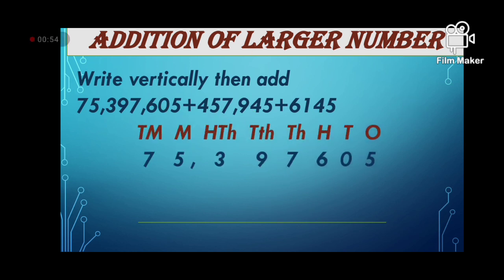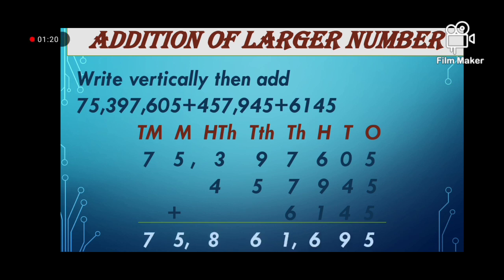Then we will write the first number, 75,397,605. Then the second number is 457,945. And the last number is 6,145.